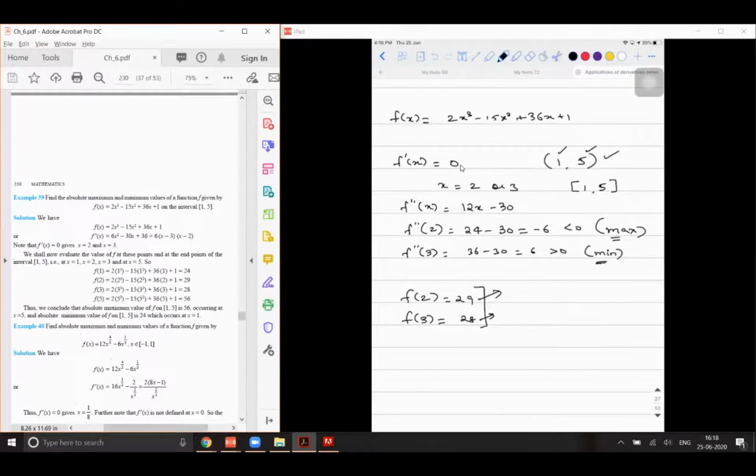Okay. Now the question is changed to closed interval 1 to 5. Now we'll do one thing for understanding it better. Let's make it as 1 to 4. Can you tell me what is the value of f of 4? Let me check the graph itself.